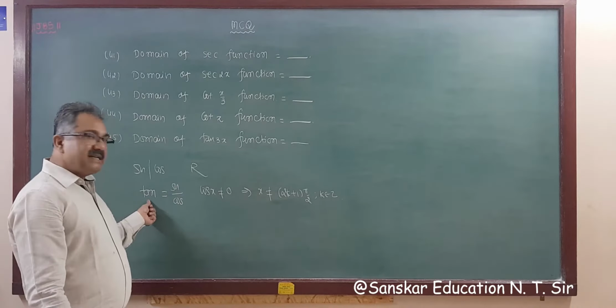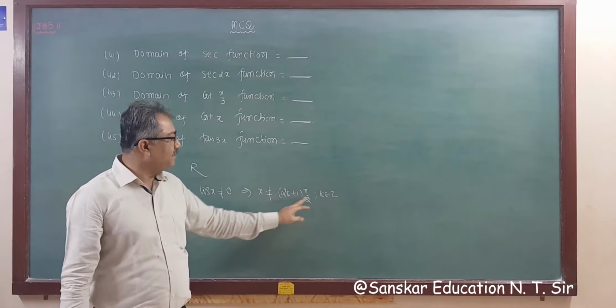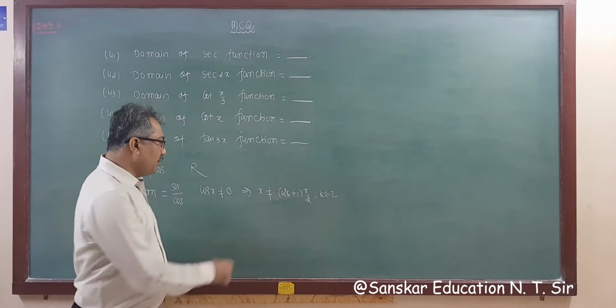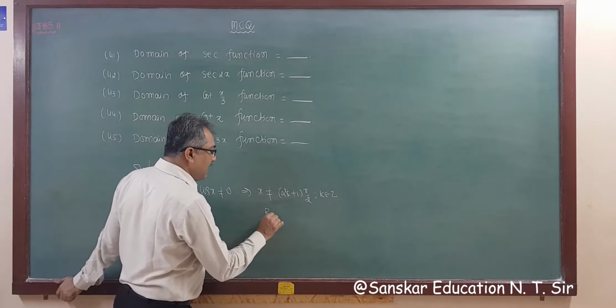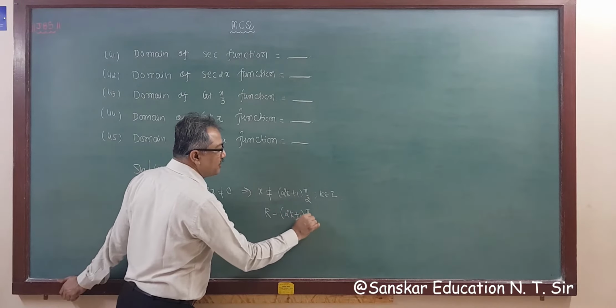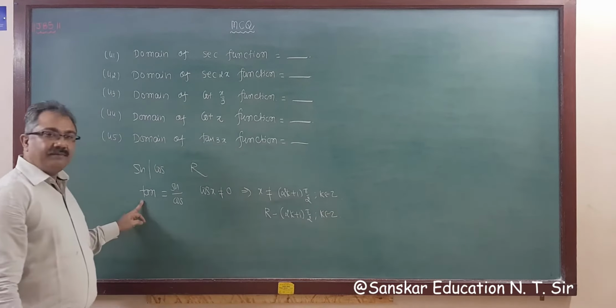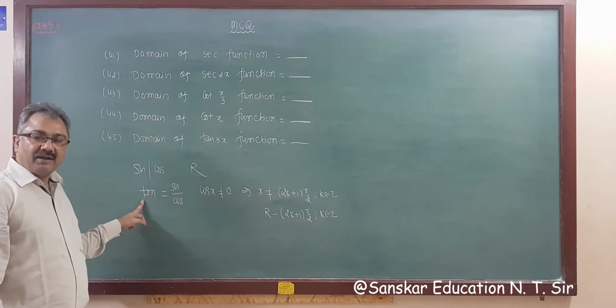So tan is defined for x not equal to (2k+1)π/2, k belongs to Z. Either you can write this as R minus (2k+1)π/2, k belongs to Z. So this is the domain of tan, that you know, right?